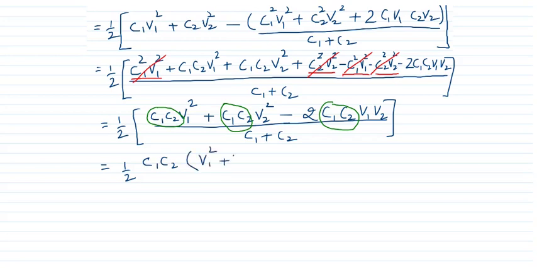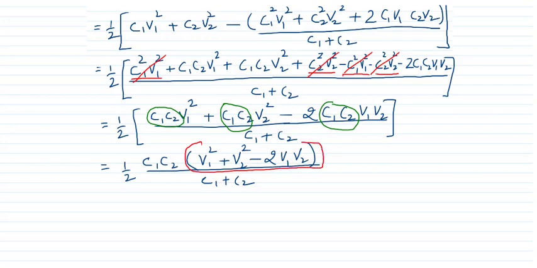V1 square plus V2 square minus 2 V1 V2 divided by C1 plus C2. Now see this bracket. In this bracket you can see that this is A square plus B square minus 2AB.